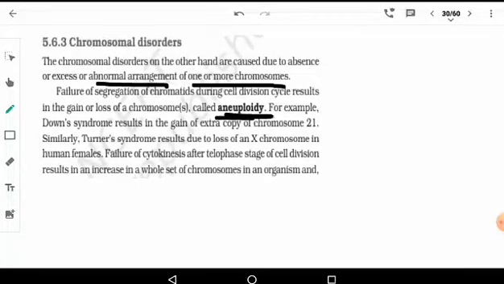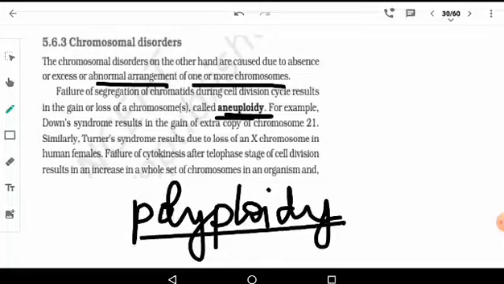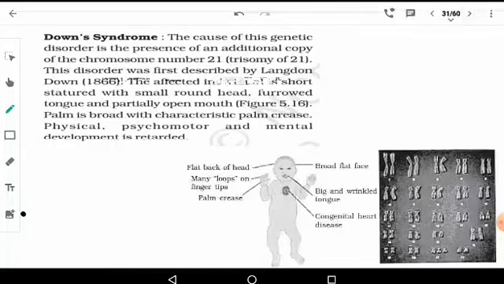Examples for aneuploidy are Down syndrome, Turner syndrome, and Klinefelter syndrome, which we are going to study shortly. And similarly, we have another term which is related to aneuploidy, that is polyploidy. Polyploidy is seen in the case of plants, and we will study more about polyploidy in the chapter cell cycle and cell division. Now let's deal with Down's syndrome.